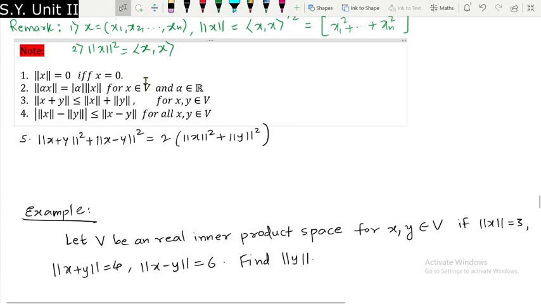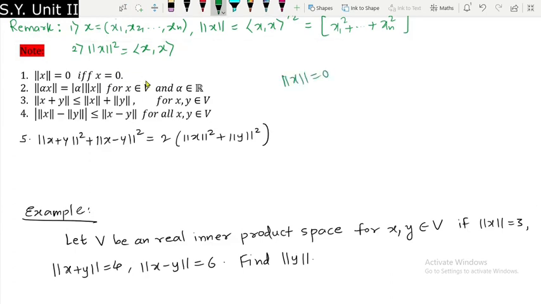I will not go into details, but still, if you want: norm of x equal to 0 will imply that norm of x square is equal to 0, and norm of x square is the inner product of x with x, which is equal to 0. By the first condition of inner product, the inner product of x with x is equal to 0 if and only if x is equal to 0. Therefore the proof of the first property follows.